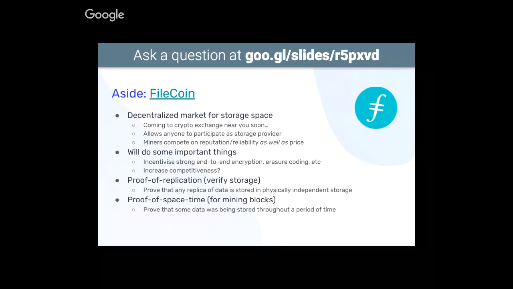The most important being that it's going to be designed to incentivize things like end-to-end encryption, erasure coding, uptime, replication, and things like that we kind of already pay a little bit extra for when we're using some sort of cloud-based file storage. The IPFS network will incentivize these types of practices.